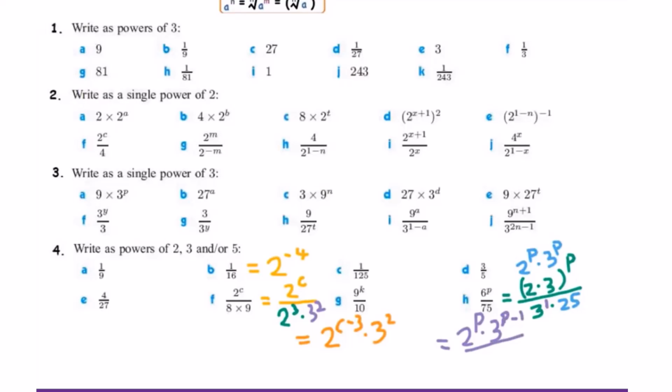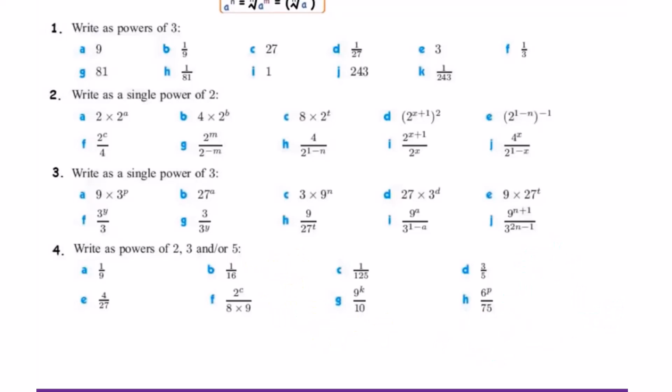Then over 25, I can write down 5 squared. Therefore, the final answer will be 2 to the p's power times 3 to the p minus 1, then times 5 to the negative 2nd power.